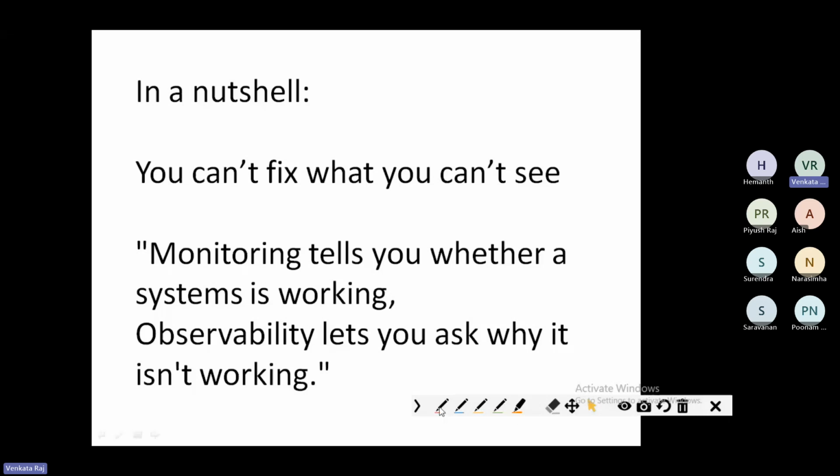Now that is why, guys, can anyone tell me, if anyone of you is from a performance testing background, in most of the projects, do you think the monitoring tools or the observability tools are available, or not available? What do you think?